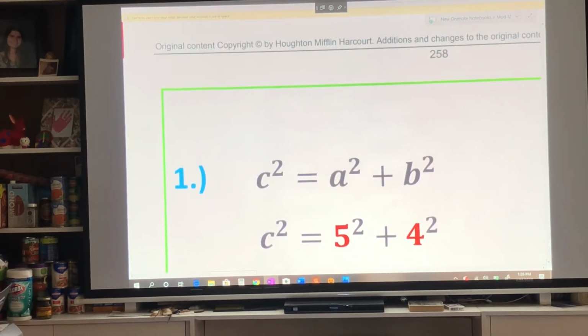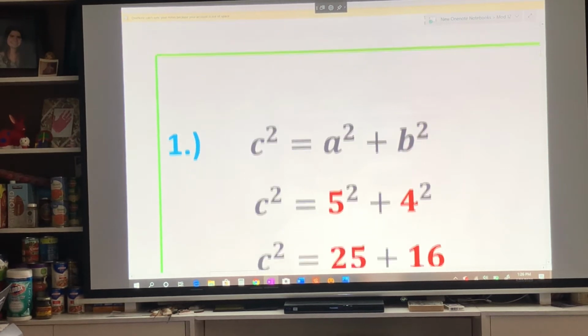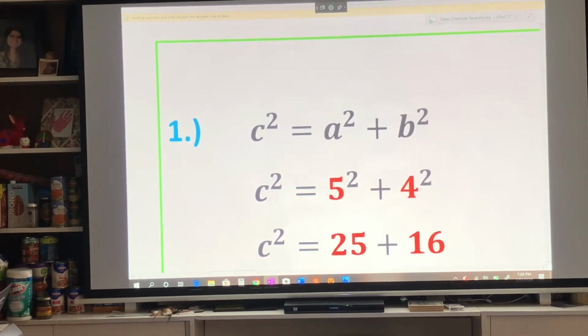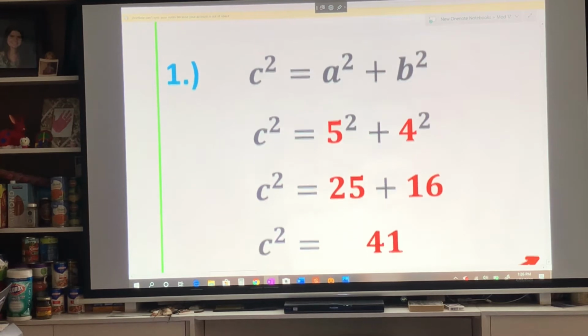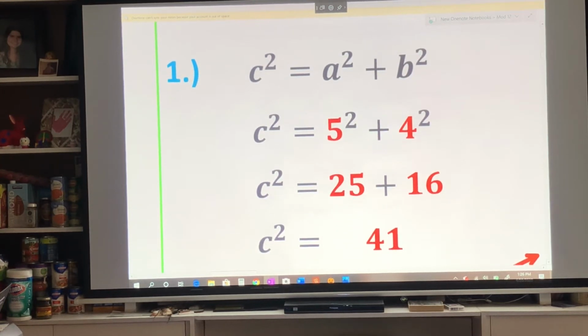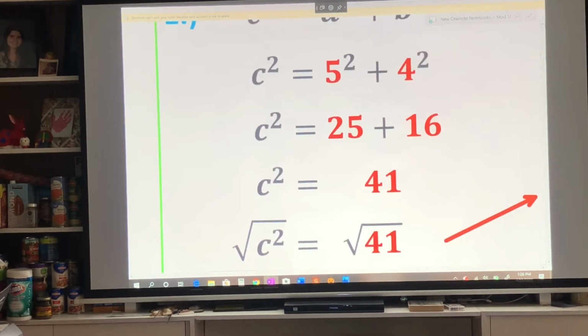Remember, A and B don't matter as long as you always have C in the right spot. Okay, that's the longest side, remember. Okay, so 5 squared plus 4 squared, that should be 41. Uh-oh. That's not a perfect square. That's irrational.